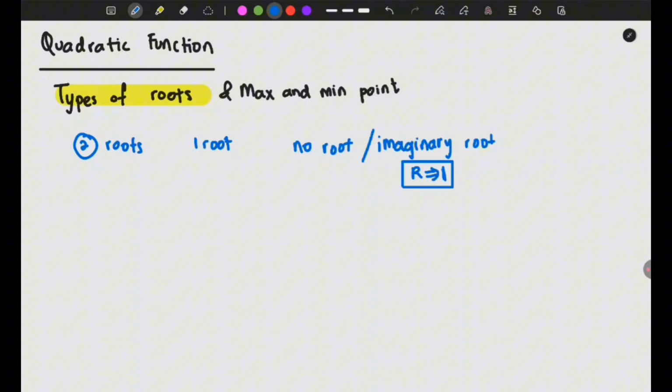Whenever you calculate, it is possible to have two roots. There can be two roots, or sometimes if you key in the calculator, you also get the same root repeating twice. Maybe x1 is 4, x2 also 4. So it's considered as one root. And sometimes, but it's very rare, but they do have, there is no root.